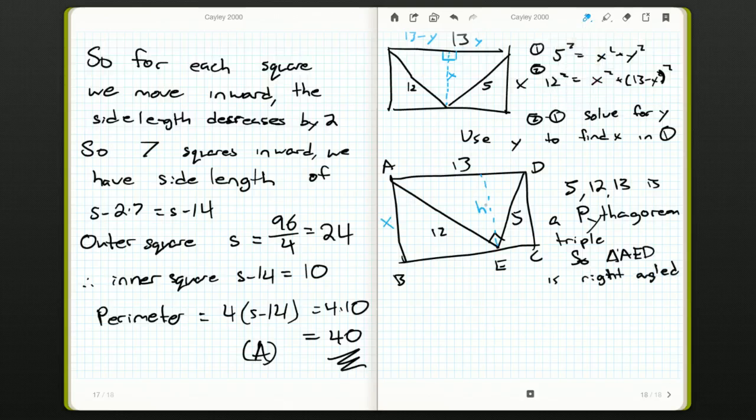Actually, let's just call this H. What our solution is going to come down to is the fact that if you draw a rectangle about a triangle as closely as possible, then the area of that rectangle is going to be twice the area of the triangle.